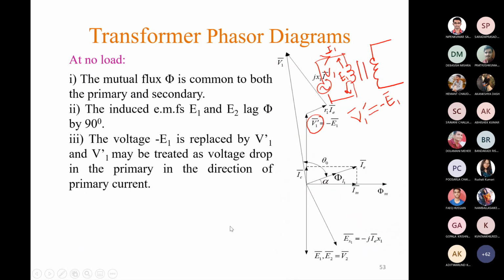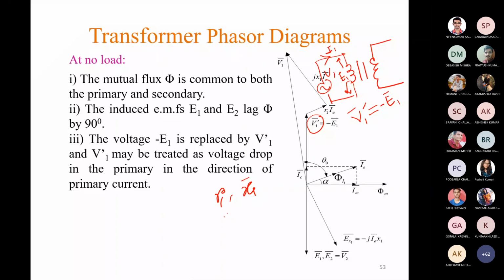See this schematic diagram. Here V1 is the supply voltage and E1 is the induced EMF across the primary winding. So what is this V1 dash? As this is a practical transformer, there will be some winding resistance in the primary winding. R1 is the primary winding resistance and X1 is the primary leakage reactance.